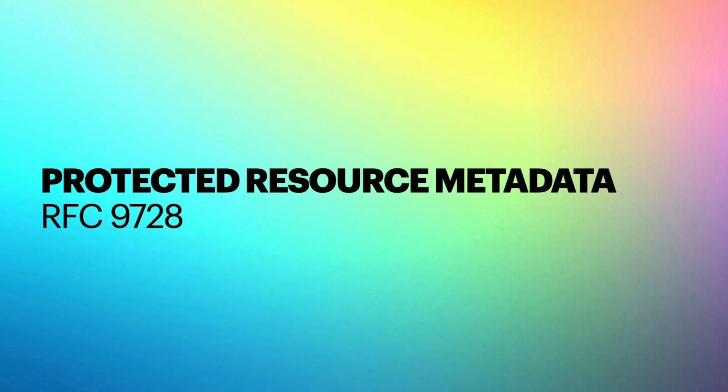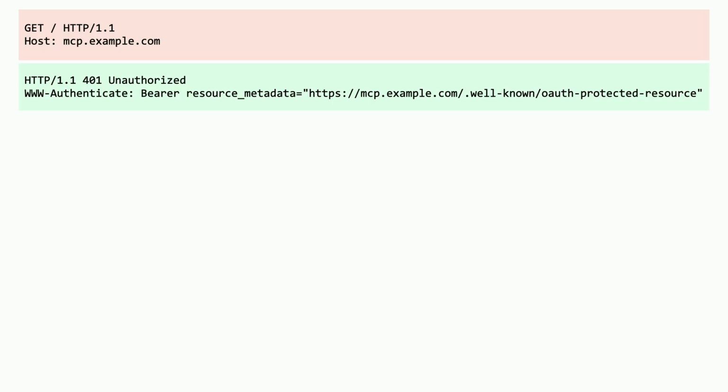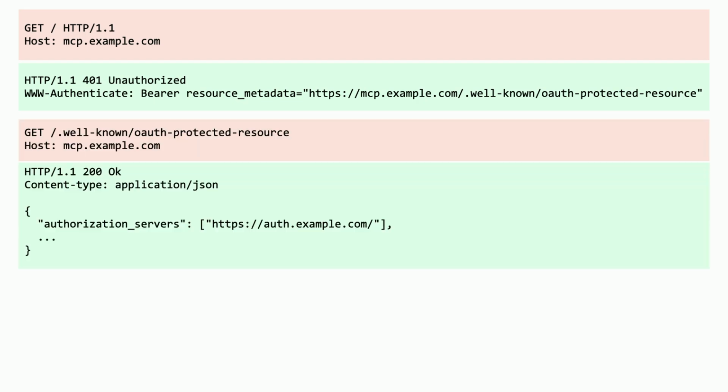Protected resource metadata, published just a few weeks ago in the OAuth working group, defines a way for an API server, a resource server, or MCP server to point to a file that describes the server. There's a bunch of properties that you can put in the metadata file, but the important one for the purposes of this discussion is the location of the OAuth server that the resource server will use.